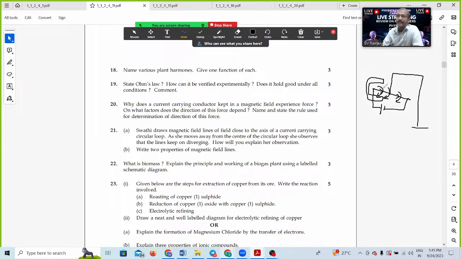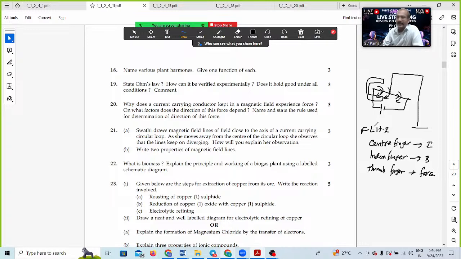Alright. So once it oscillates, yes, due to the force, this iron rod is shifting. For that, we use Fleming's left hand rule. According to Fleming's left hand rule, we place the center finger along the current direction, the index finger along the magnetic field direction, and the thumb finger along the force direction.